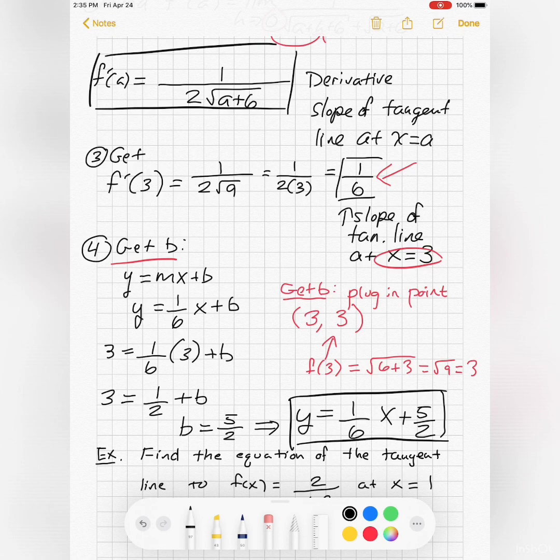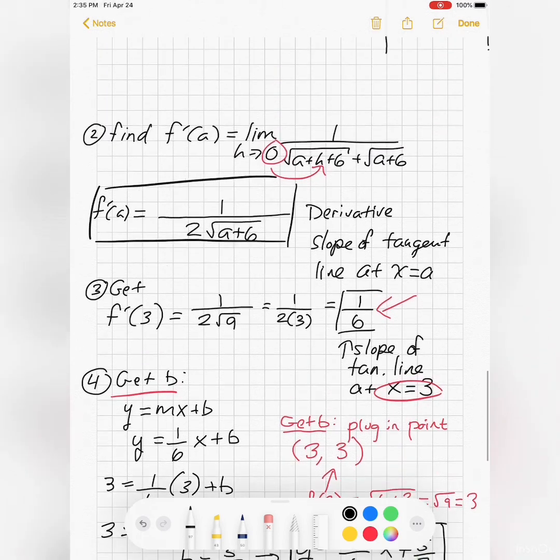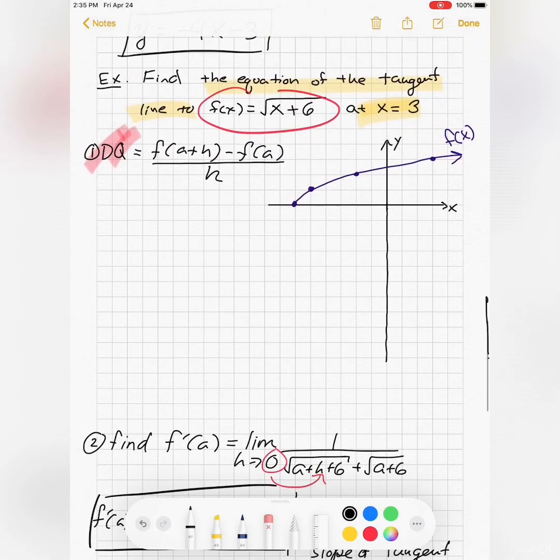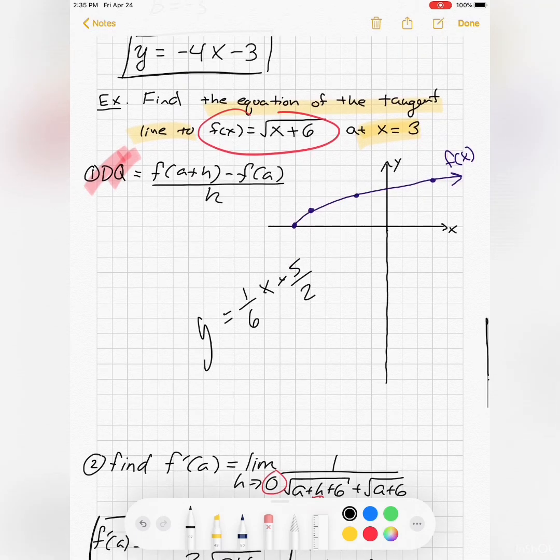Okay, and then I can at least do an estimate here. If I look back at the graph, so what is it, 1/6? It's plus 5/2, so let's see, it'd be at about 2.5. It's here-ish. Okay, and then the slope is 1/6.